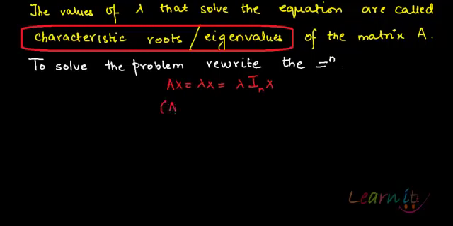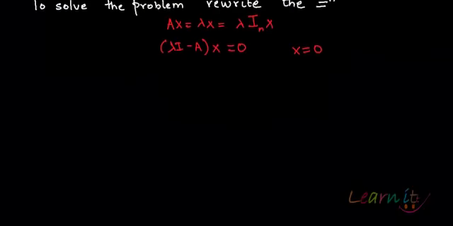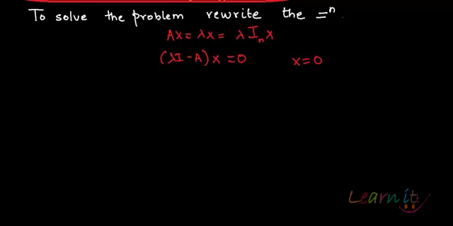This can be written as lambda I minus A times x equals 0. So what do you have here? You have a homogeneous set of equations, a matrix getting multiplied to x equals 0.